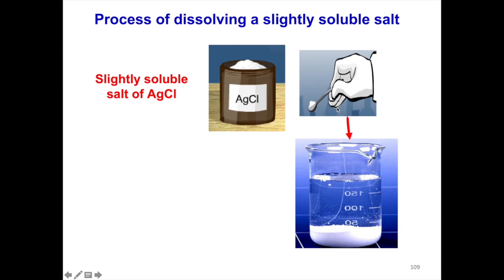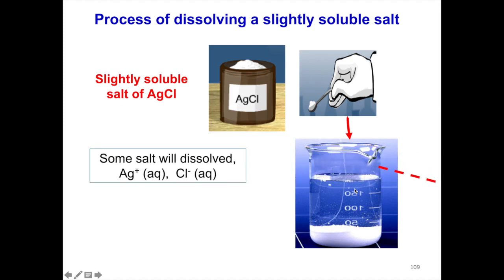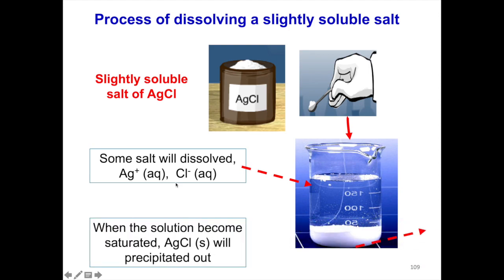When you put some AgCl in any solvent, let's say in water, it will produce Ag plus and Cl minus. When the solution becomes saturated, AgCl solid will precipitate out. Saturated here means that the AgCl cannot be dissolved anymore.